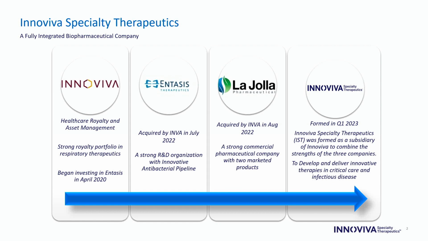At the same time, Innoviva also purchased a commercial pharmaceutical company called La Jolla Pharmaceuticals. They have two marketed products, one Giapreza, the other is ribociclib known as Xerava. And ultimately, our three organizations have now been fully integrated into a full biopharmaceutical organization called Innoviva Speciality Therapeutics.